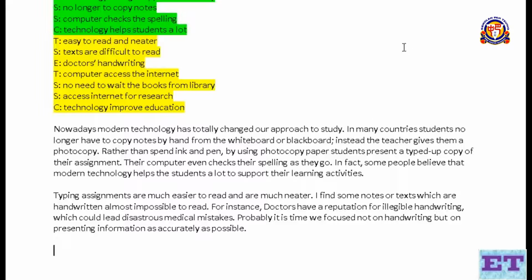Okay, and now I'm going to think about the basic paragraph 3, computer access the internet.